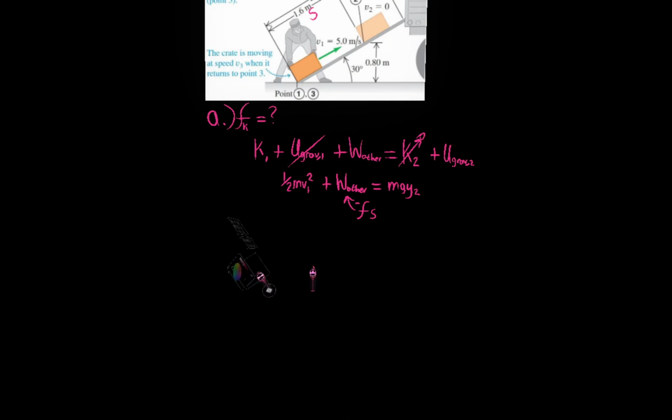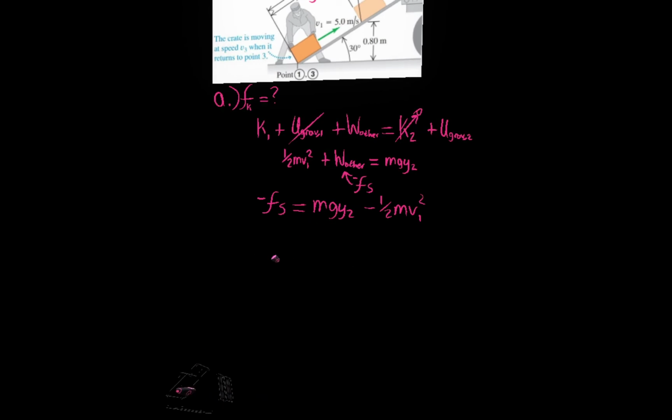So let's go ahead and write this out. We have negative Fs is equal to, I'll move that over here, mgy2 minus 1/2 mv1 squared.